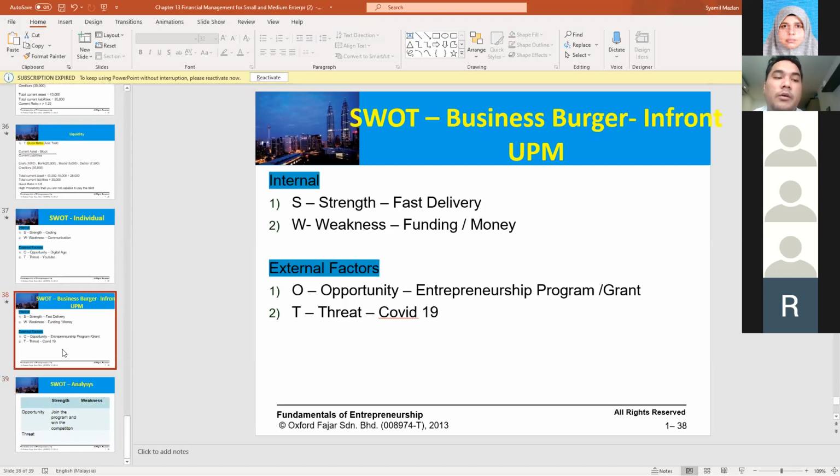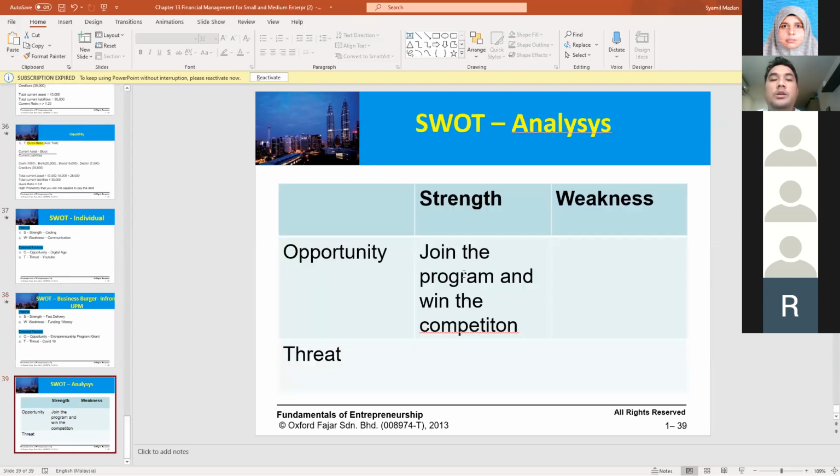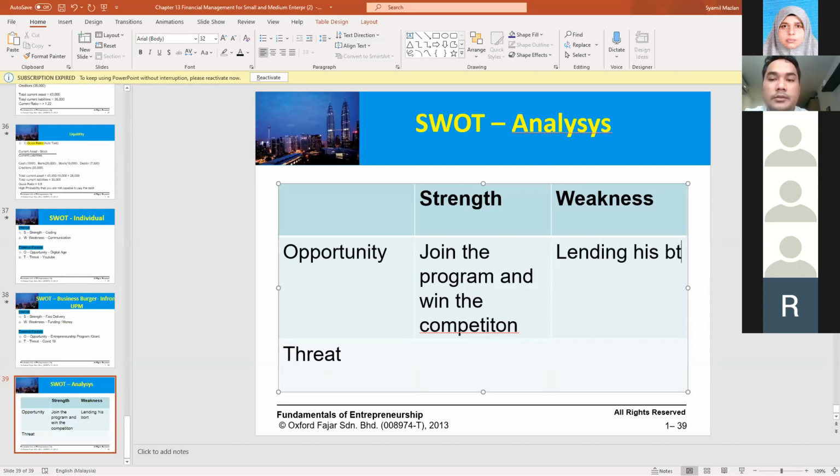You have a problem of money in starting your business, but you want to join the entrepreneurship program. You know that when you go to the entrepreneurship program, they will analyze you on the profitability and the liquidity. So maybe Aiman can borrow his brother's money. Okay, see how you want to overcome the weakness and get the opportunity.